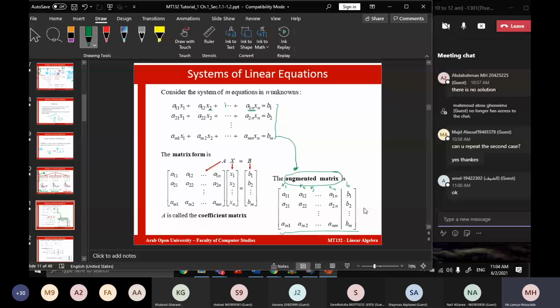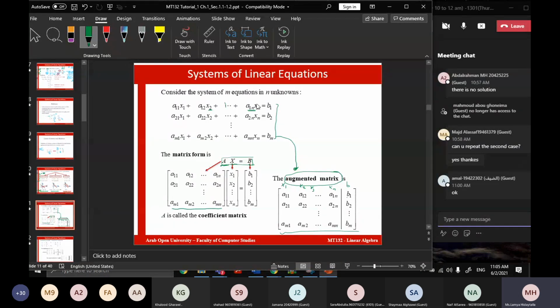Now, moreover, if he said put it in a matrix form, that means we want to write it in the form of a matrix, and then the variables x, and then the constants. So what is A? A is a matrix. Which matrix is this?